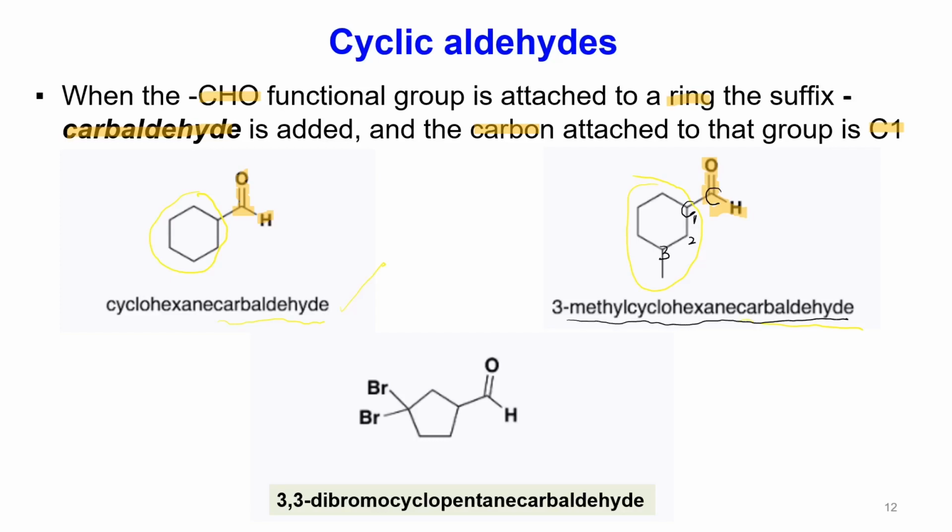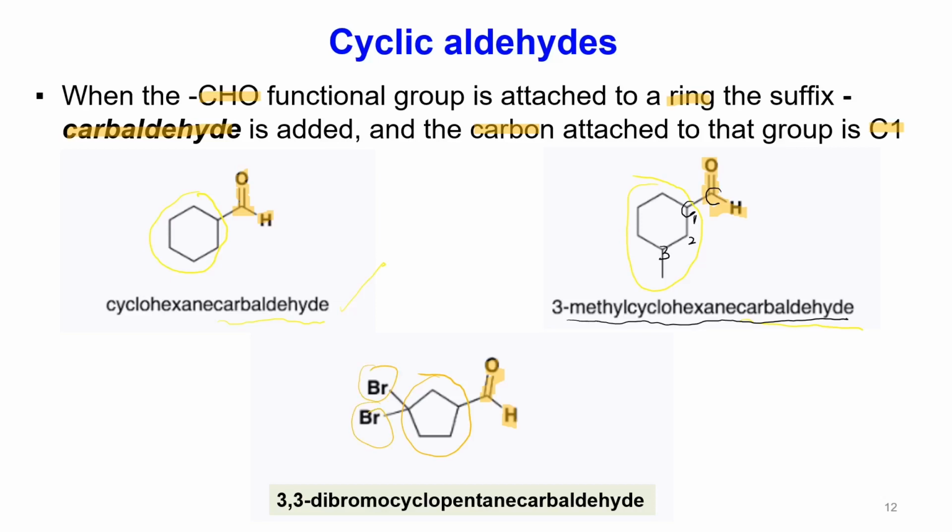We look at the next example. According to this structure, we have the CHO group directly attached to a cyclic compound, which is cyclopentane. And we have two bromine groups attached to the cyclopentane.